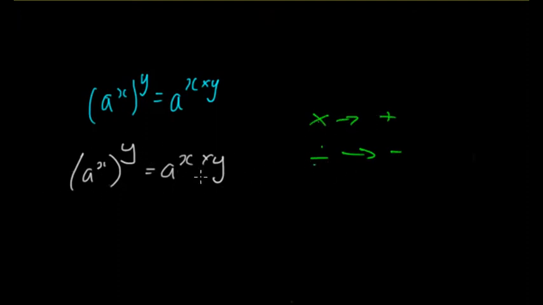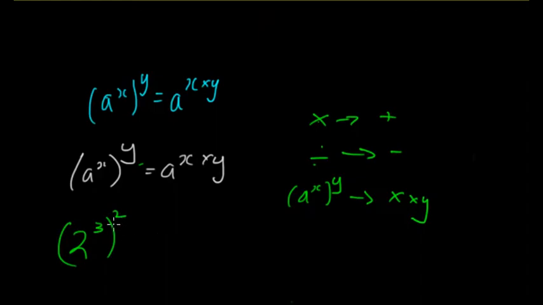So when you're going from the power, we now change this to multiply. So when you have like a to the x to the y, this now becomes x times y. You can see that like 2 to the 3 to the power of 2. And the reason why it's multiplying is because this will give us 2 to the 6. That's because you have 2 to the 3 times 2 to the 3.